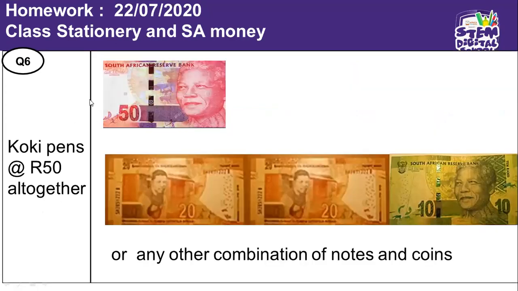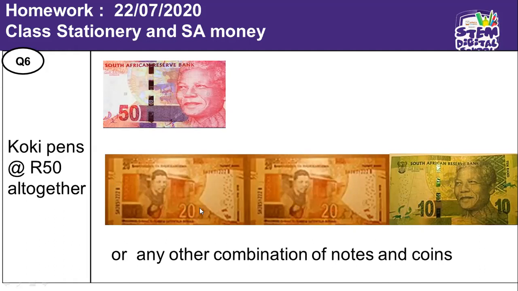Now we had cocky pens to buy as well. And it was 50 Rand, okay? So one way you could buy your cocky pens is to use your 50 Rand note there, or you could use two 20 rands and a 10 rand.